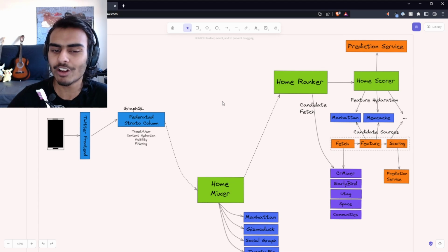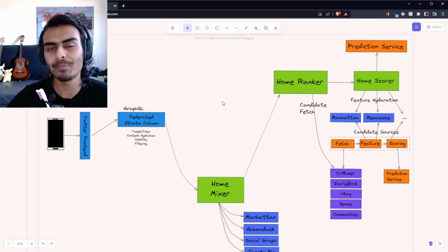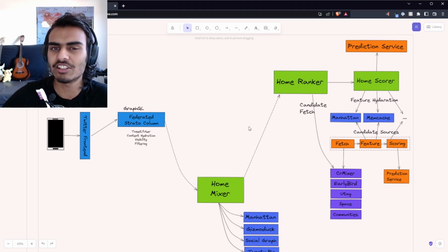So they are not just changing the name of their services from Timeline Mixer to Home Mixer, they're also changing that terminology in all of their internal communication, maybe even in their business meetings. This also sometimes comes with some sort of organizational changes, but we have no other information about that, so I won't get into that anymore.